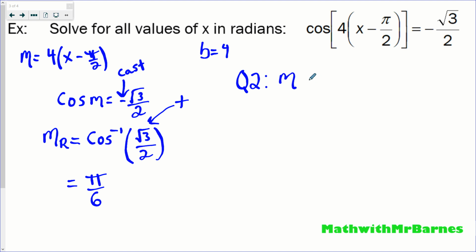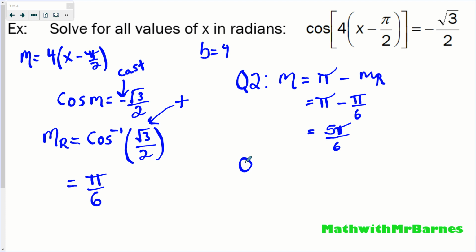It's very tempting to want to put theta there, but you've got to keep the same variable the whole way through. So m is equal to pi minus m r, which is pi minus pi over 6. Doing the math on that, it's 5 pi over 6. And then in quadrant 3, m equals pi plus m r.